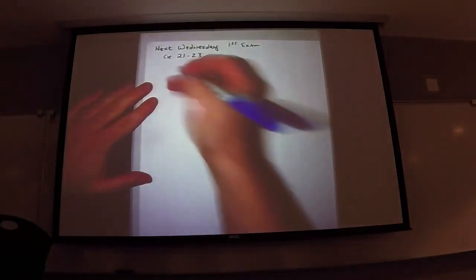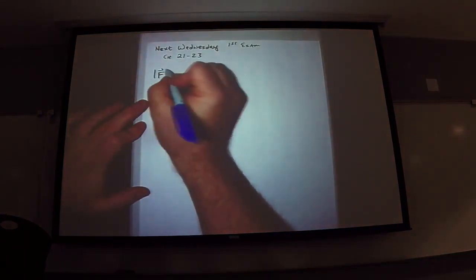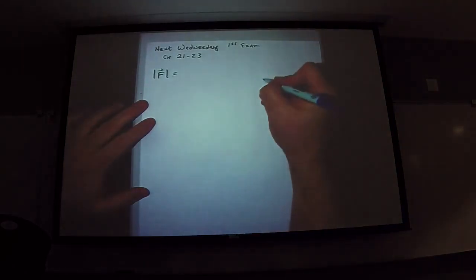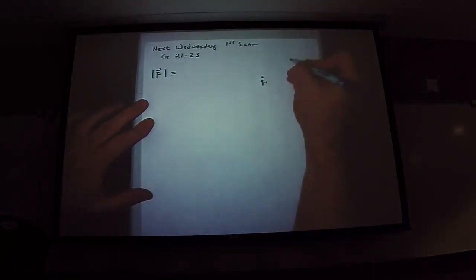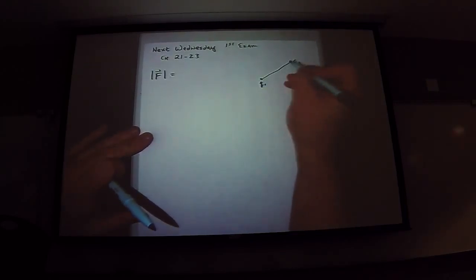All right, let's do it. Let's start out with a bit of a review. We started talking way back when about force between two charges. I have two charges, Q1 and Q2, separated by distance R12.